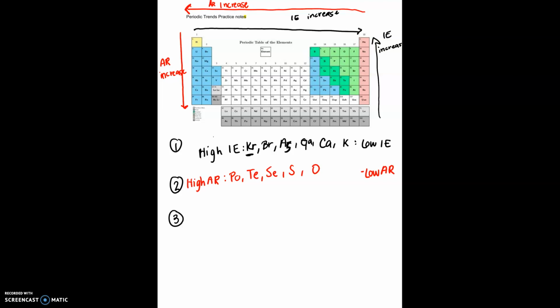So if we're looking at electronegativities, this periodic trend basically follows ionization energy, with one very important exception. Noble gases, all the elements in group number 18, do not have an electronegativity. They are unreactive.